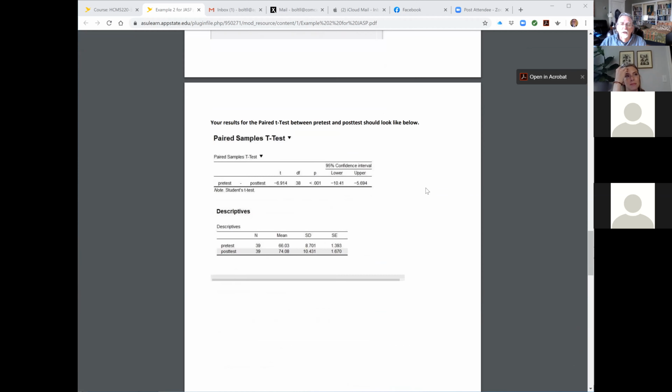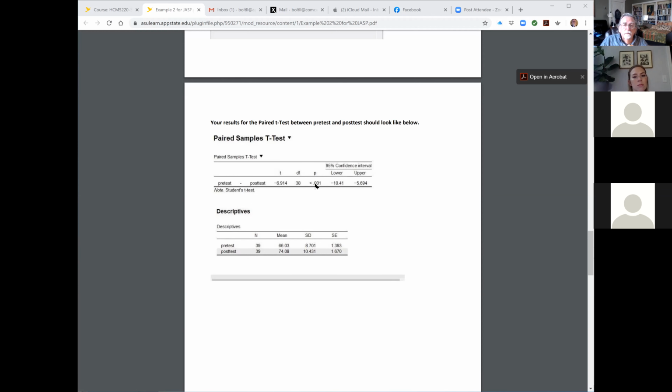And so when we run that, pre and post, T, degrees of freedom 38, the p-value, now when the p-value gets very, very small, they generally will indicate that by less than 0.001, which means you're about 99 point whatever sure that if you say these two things are different, that's not going to be a false positive.